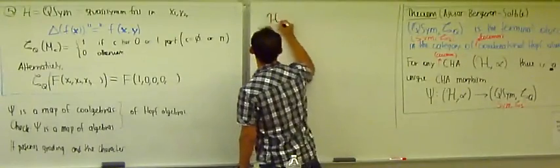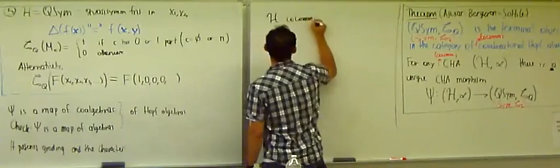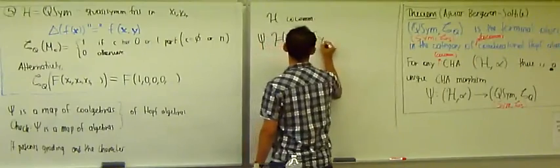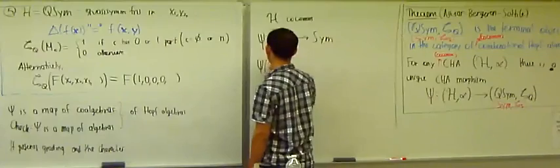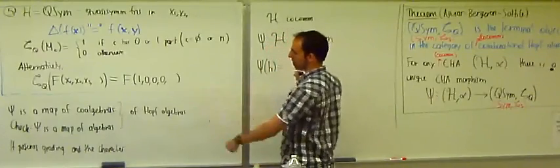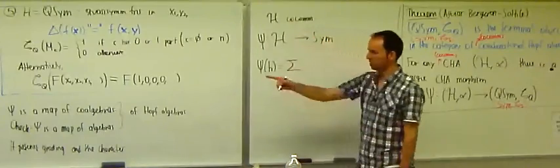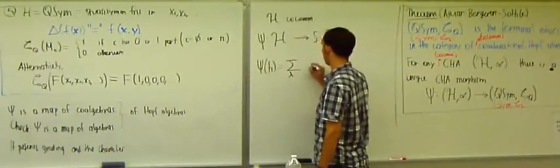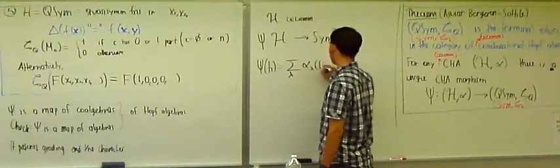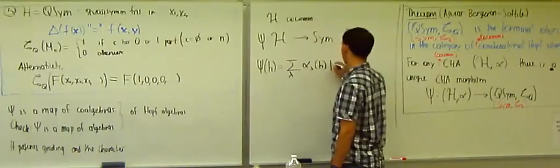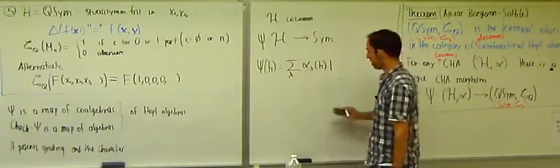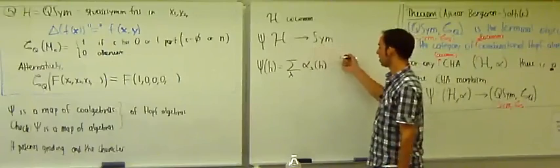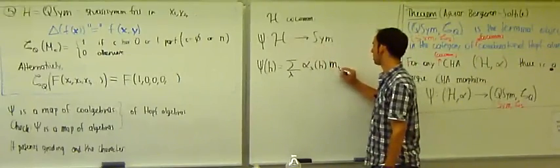So let's say if H is co-commutative, then I have C from H to SYM, and this map is given by C of H is equal to what I wrote there, except that now instead of adding over compositions, I add over partitions. I get alpha lambda of H M. And now this needs to land in SYM, and so here the monomial symmetric functions are called like this.